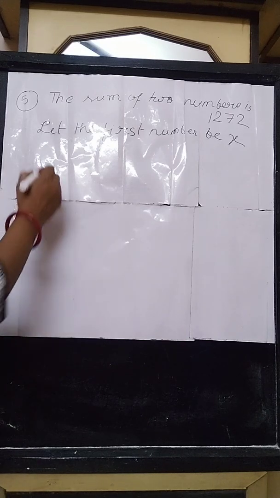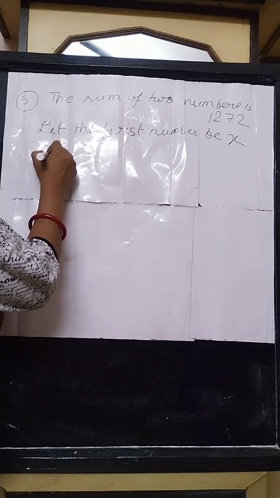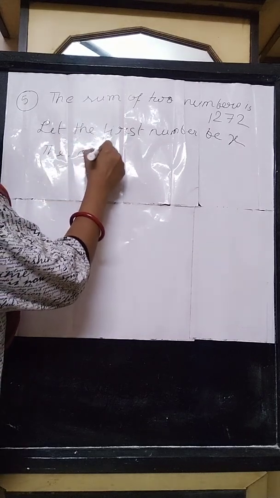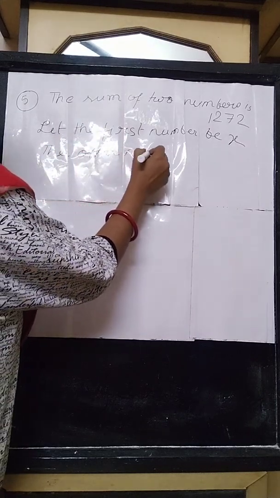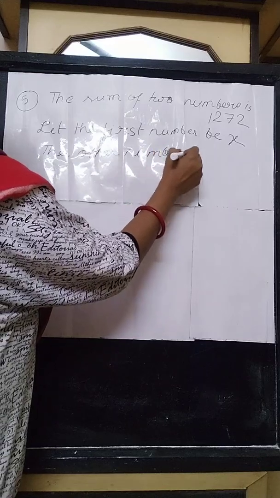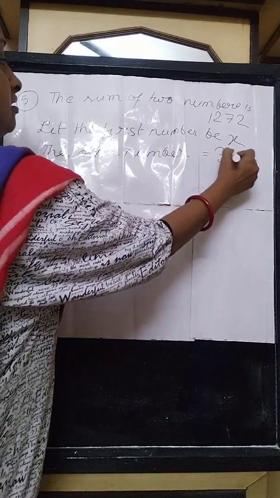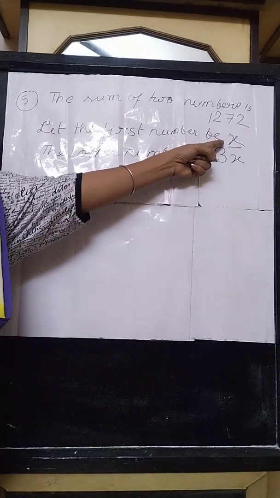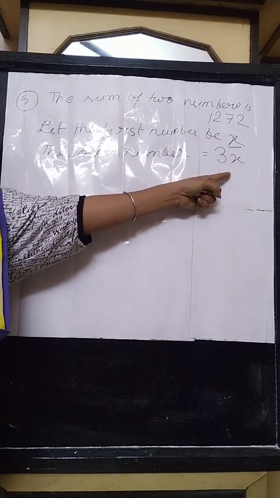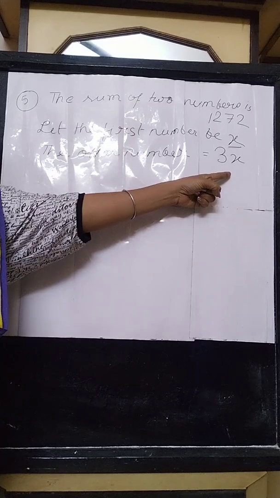Now it has been told that the other number must be thrice the first number, so the other number must be 3x, that is 3 into the first number. The first number is x and the second number is 3x, according to the hints given in the sum.